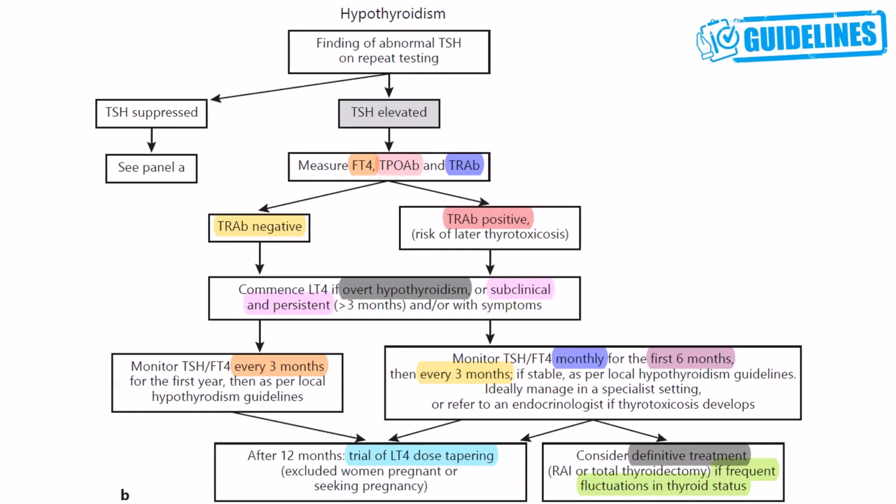So this is when we consider treatment by radioactive iodine ablation or total thyroidectomy, if there is a fluctuation in thyroid status between hypo and hyperthyroidism.